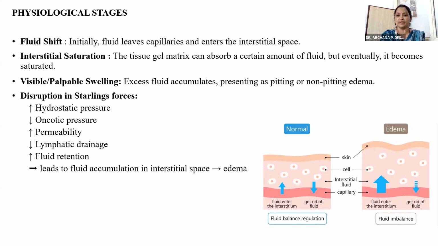But when the Starling equation and forces get disturbed, there is an increase in the hydrostatic pressure and a decrease in the oncotic pressure. Because of that, the vascular permeability is increased, there is fluid retention, and more fluid gets accumulated in the interstitial spaces, and that leads to edema.